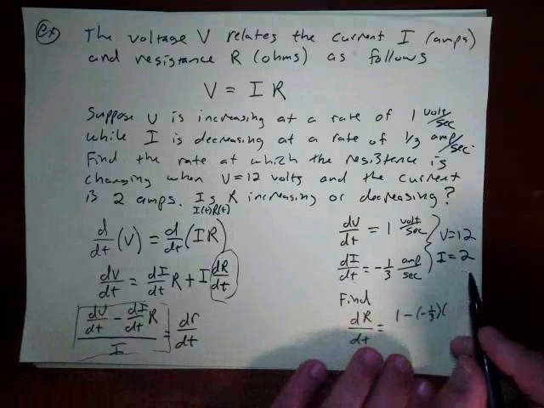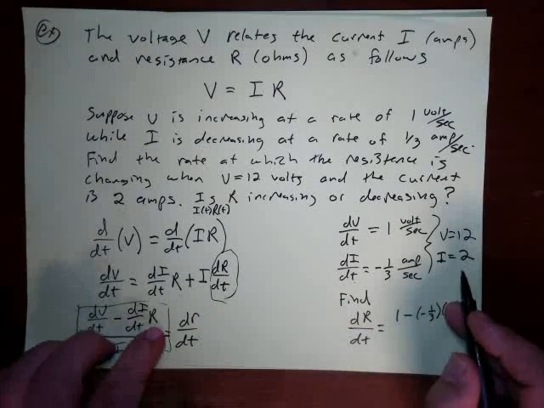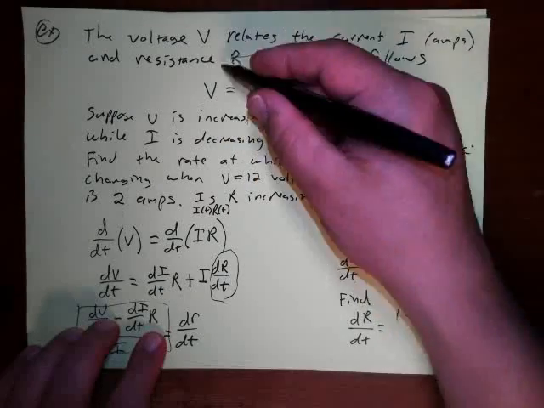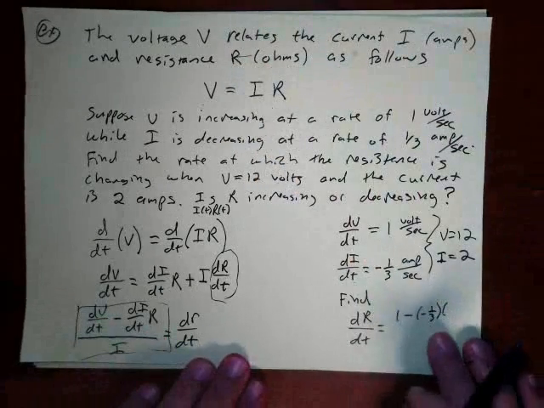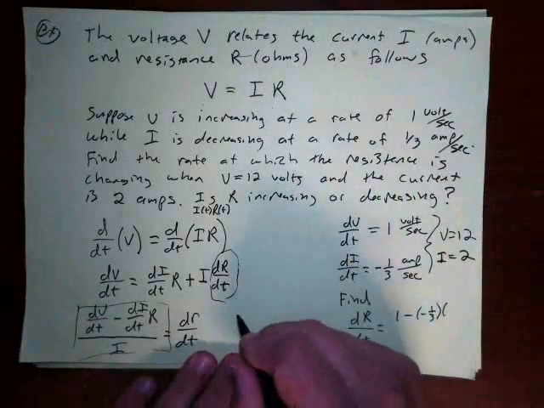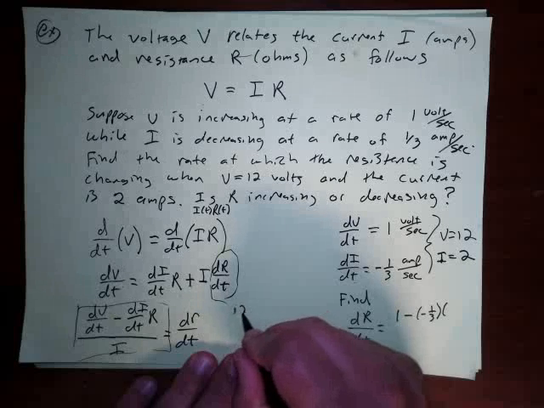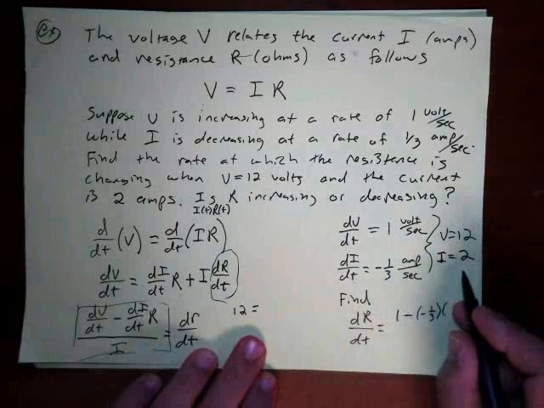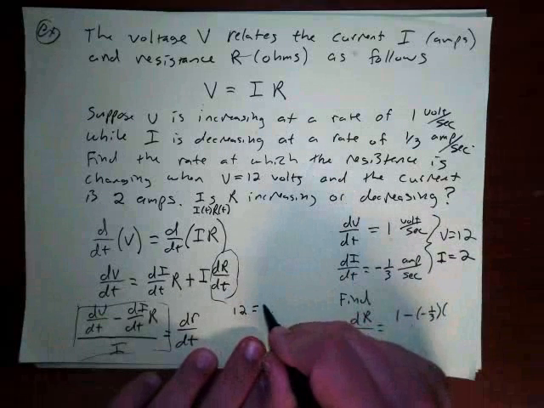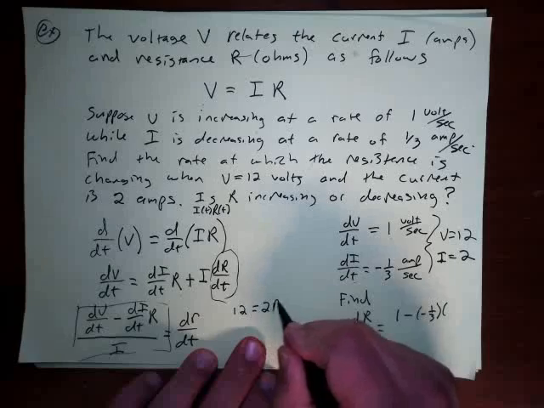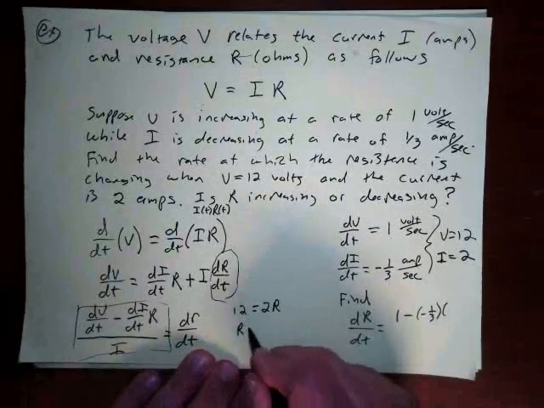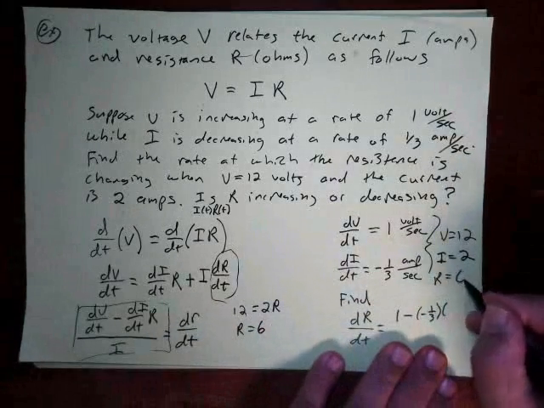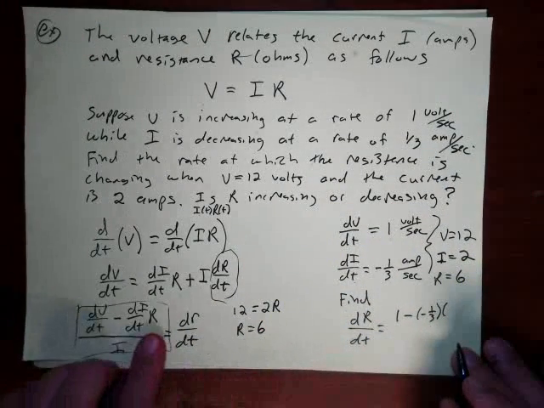This is an interesting example because I need R here, but I'm not given R, but I'm given the equation that relates all these together. So I actually have to find R. Basically I'm going to plug in V and I into here. So V is equal to, 12 equals 2 times R, and so my R is equal to 6. So I could add that here. R is equal to 6 at this time, right?